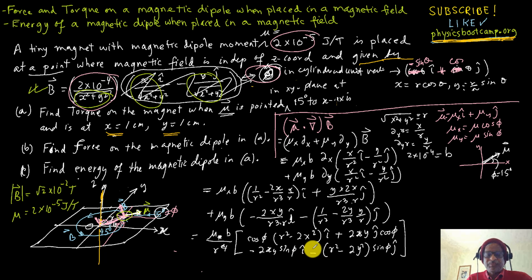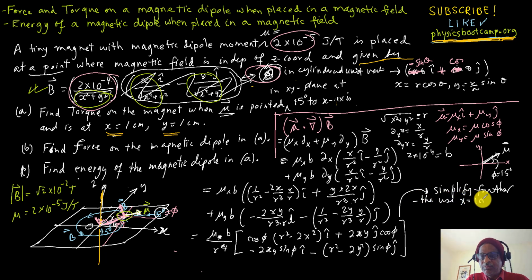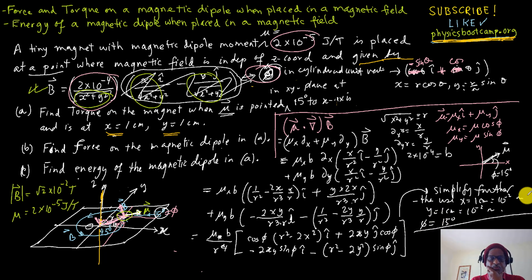So now either you just plug into this, or you can simplify further. Then use x equals 1 centimeter, which is 10 to the minus 2 meter, and y equals 1 centimeter, which is 10 to the minus 2 meter, and phi equals 15 degrees. So using this, you should be able to get the answer.